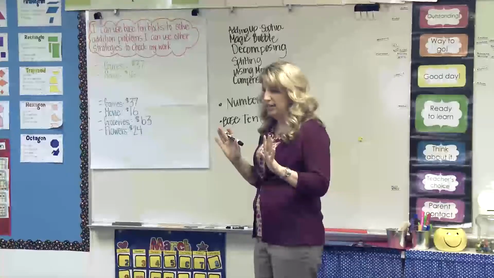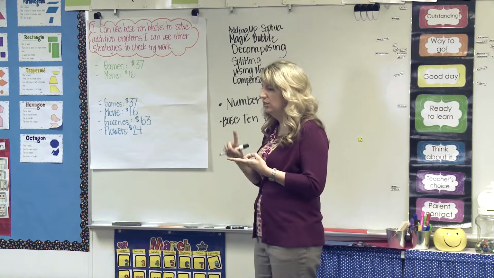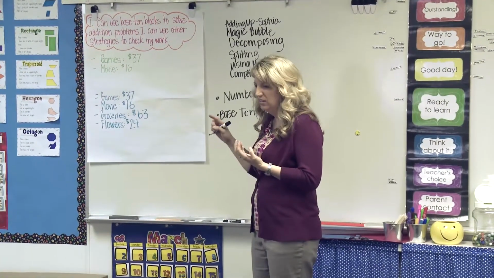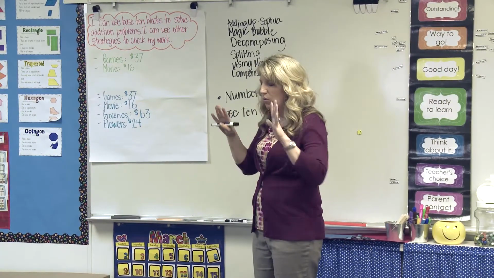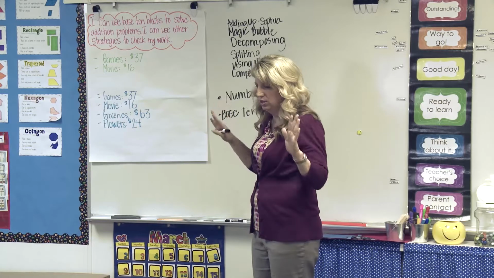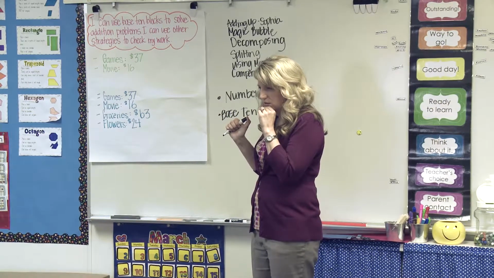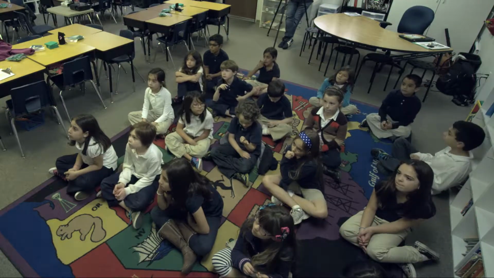All of these strategies that we use, Sophia's strategy, Lola's strategy, decomposing, splitting, jumps of 10, using money, compensation, what do all of those fall under? What kind of a tool are those? Herman? Number strategy? Yeah, these are number string strategies.